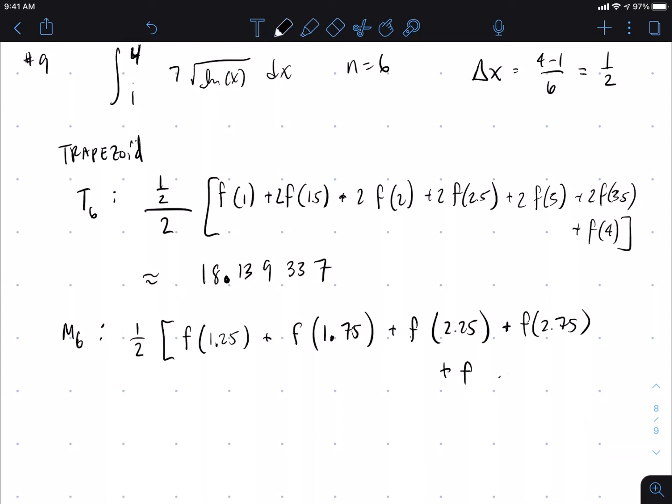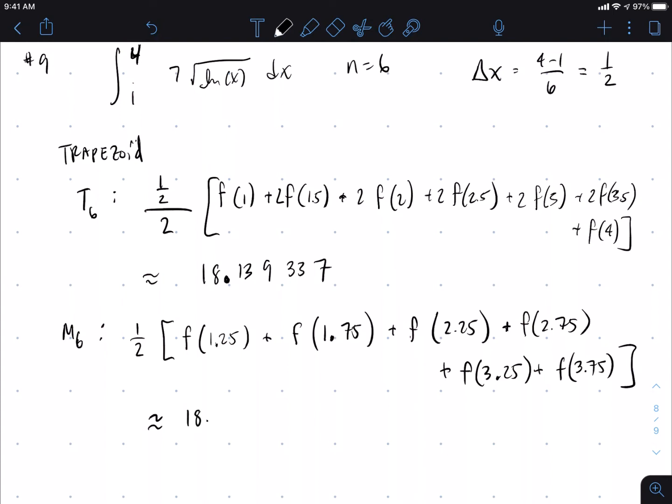That's sloppy, I can't have that. And then the last one should be f of 3.75. Agreed? Okay, and then this one, you guys can check with your calculators. Again, don't round till the very end.